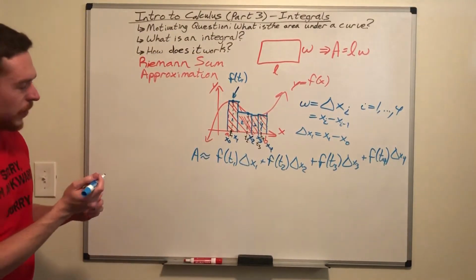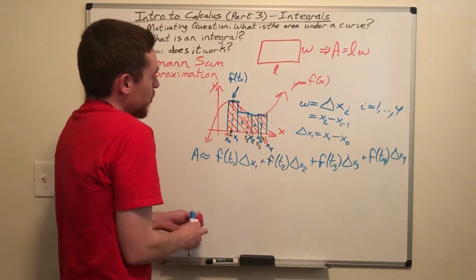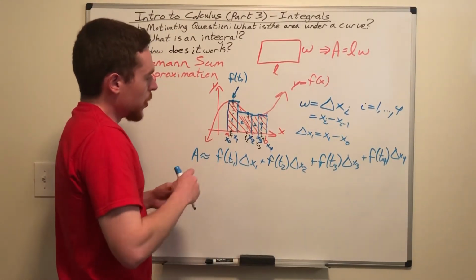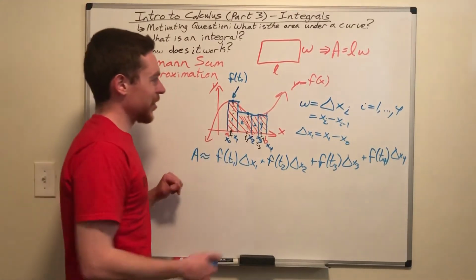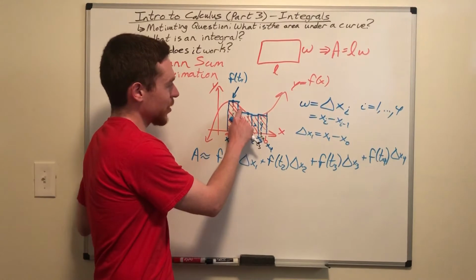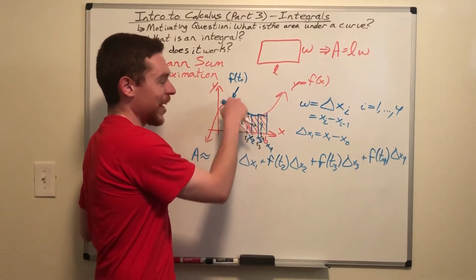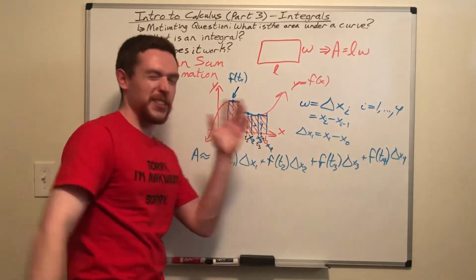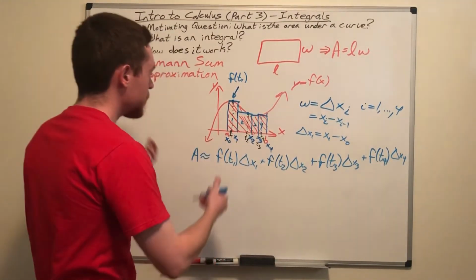Cool. So we get a Riemann sum approximation of our area with 4 rectangles. But notice this isn't necessarily a very good approximation, because we didn't include that area or that area, and we have that area added in, so there's some under-approximation and some over-approximation.